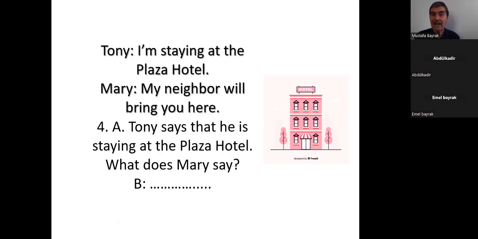Tony says that, or Tony is saying that, or Tony has said that he is staying at the Plaza Hotel. What does Mary say? Mary says that her neighbor will bring him, Tony. Yes, will bring Tony there. Okay? Yes, or here may remain here as well as here.